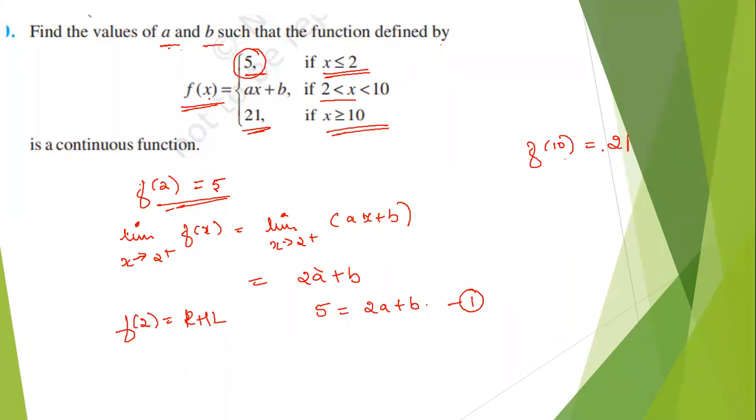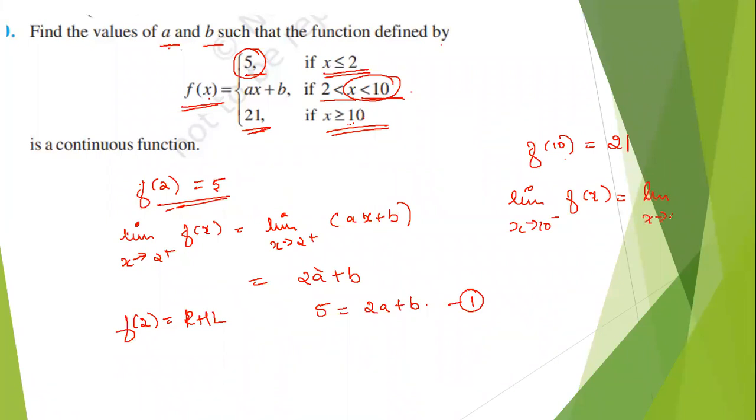Now find left hand limit. Limit x tending to 10 minus f of x. So what will be left hand limit? Right hand limit again you will get 21 itself. So no need of doing it. Only left hand limit you find. Left hand means when x is less than 10.